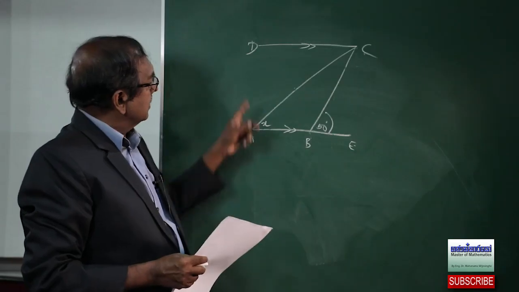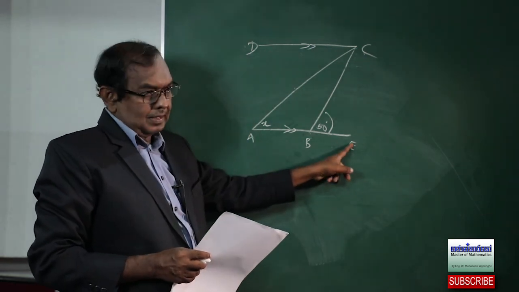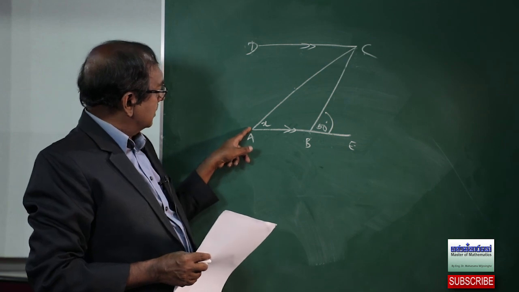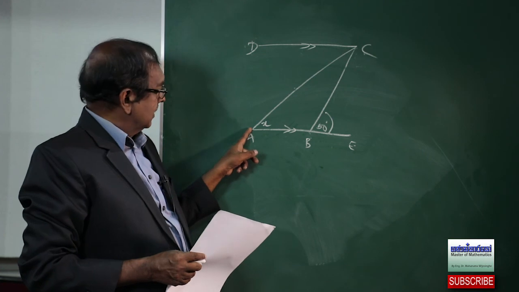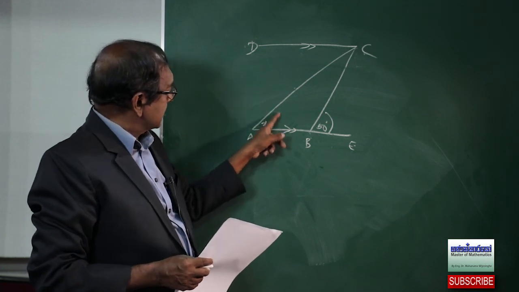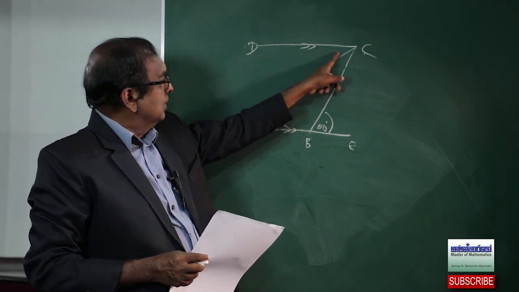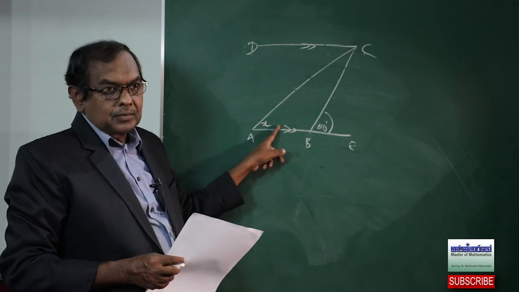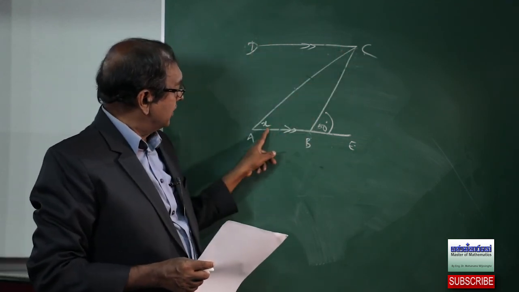You know that DC and AE are parallel lines. They have been cut by the AC line. Then this angle and this angle are alternate angles. With parallel lines, alternate angles are equal. Then this angle should be equal to this angle.